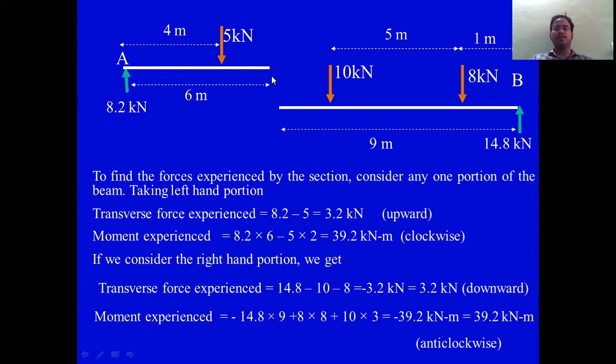So 3.2 kilonewton in upward direction, and the moment experienced here is 8.2 into 6 minus 5 into 2 at the point. What is the moment experienced?